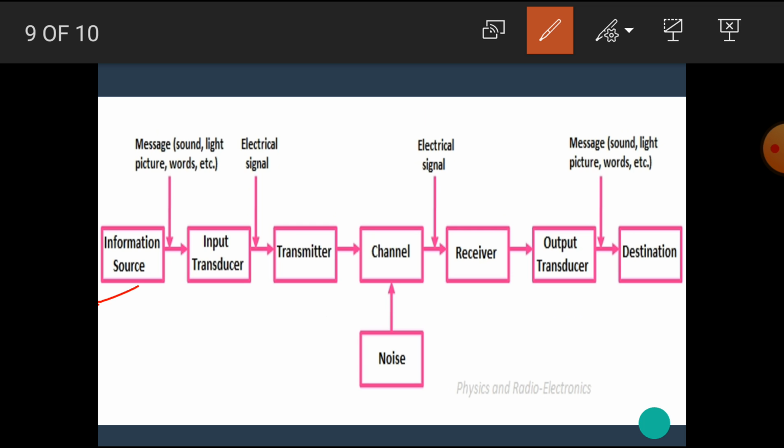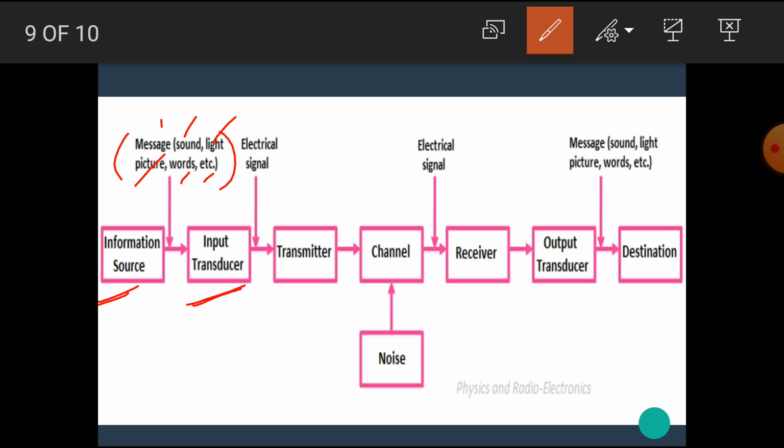The information sources are many in the communication system. The information or the signal is a message which may consist of sound, light, pictures, words, etc. This message or information is treated as the input of the input transducer.